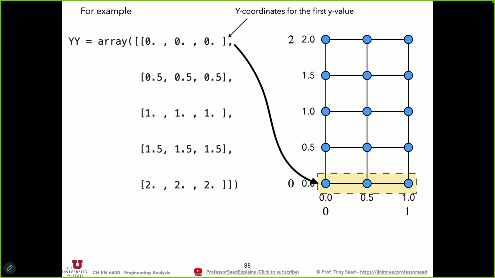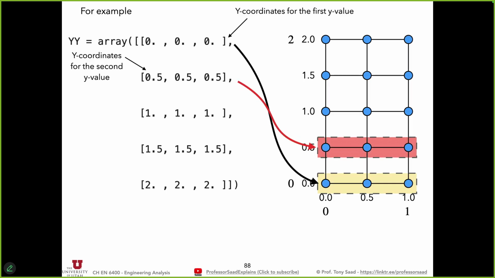So it corresponds to the y coordinate at these points. And then all the y coordinates for the second y value, and so on and so forth. Does this make sense? So that's what XX and YY does. It stores in y first, and then it stores in x next.